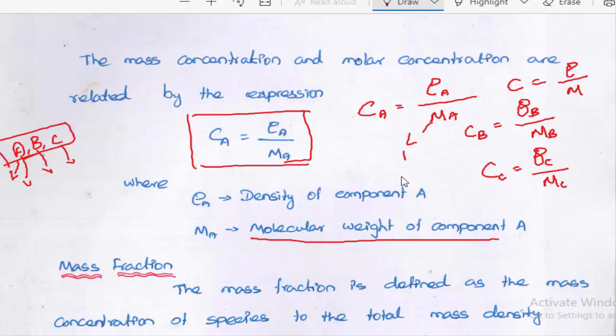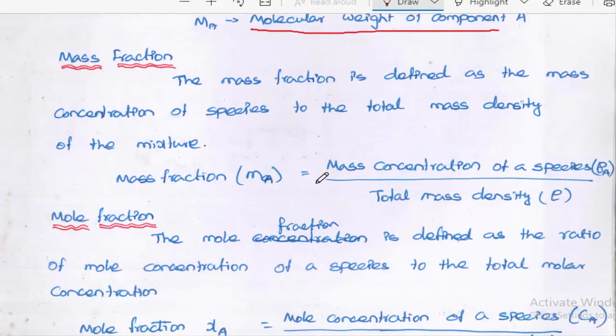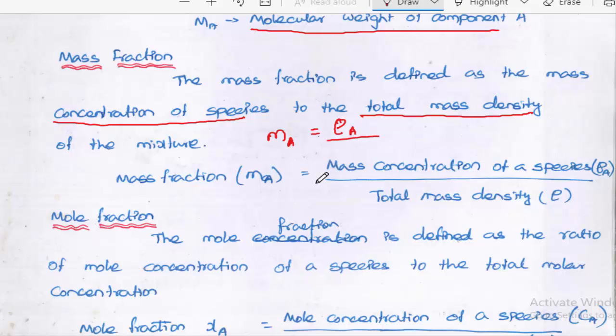Next thing is mass fraction. Mass fraction is defined as the mass concentration of each component to the total mass density of the mixture. So small m of A is equal to the mass concentration of the species, rho A, divided by the total mass density, that is rho.